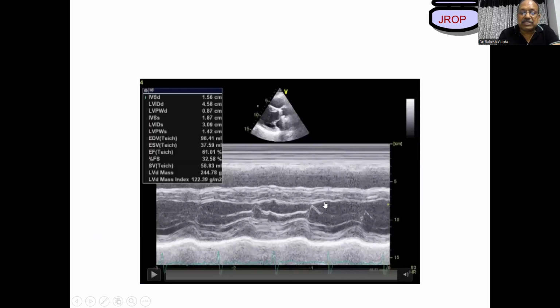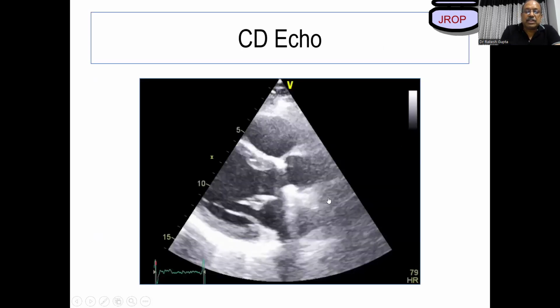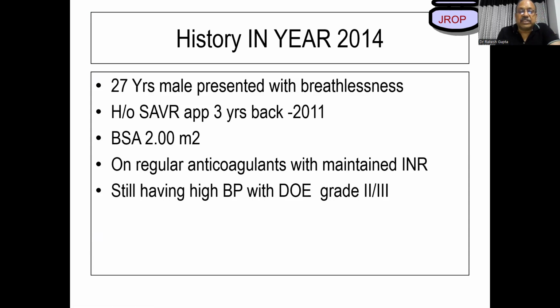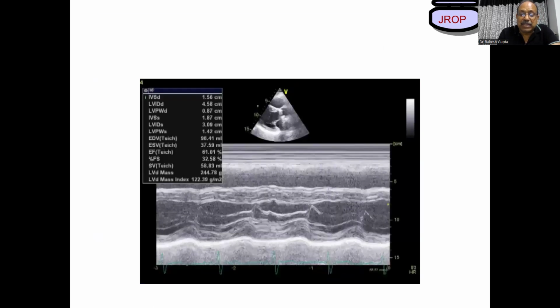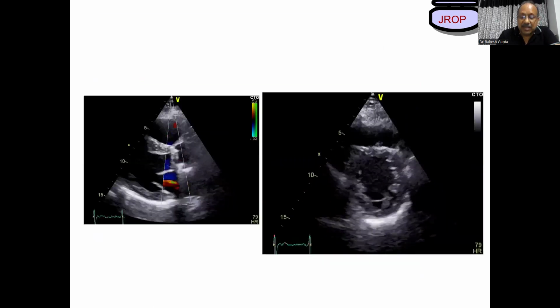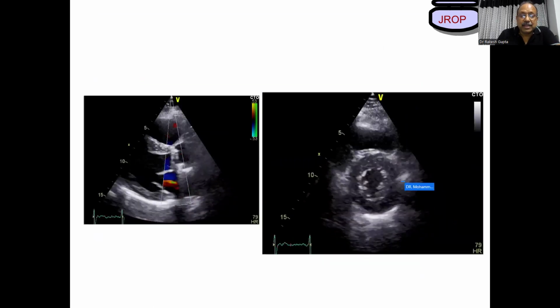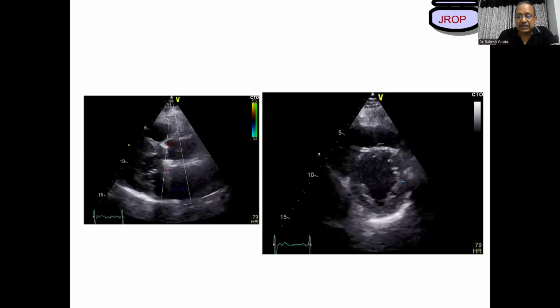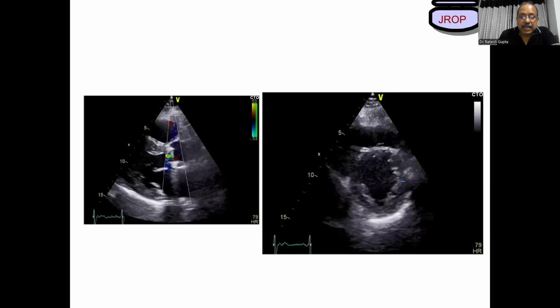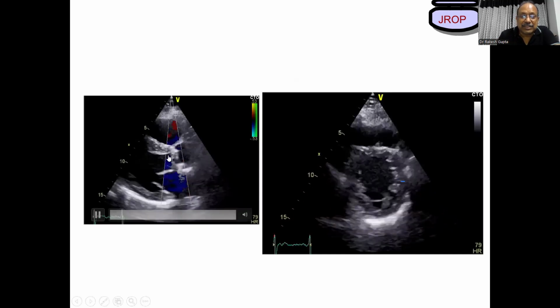Look at the still persistent left ventricular hypertrophy despite 3 years of surgery, because if you replace this, the LVOT obstruction, the LV thickness should go away completely. And look at the turbulence at the aortic valve still.